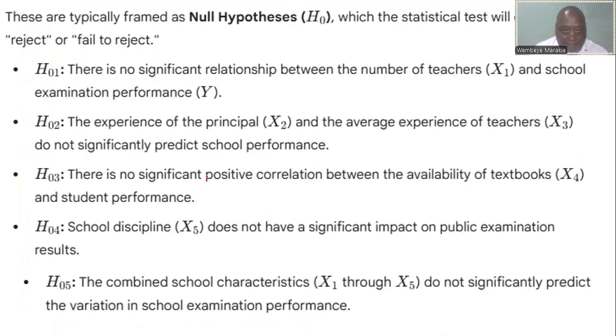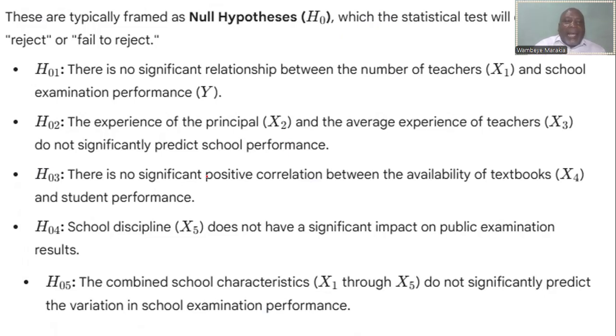Now, I have 5 null hypotheses coming from these objectives. You will be testing these hypotheses, and when we have tested them, we'll either reject them or fail to reject them.